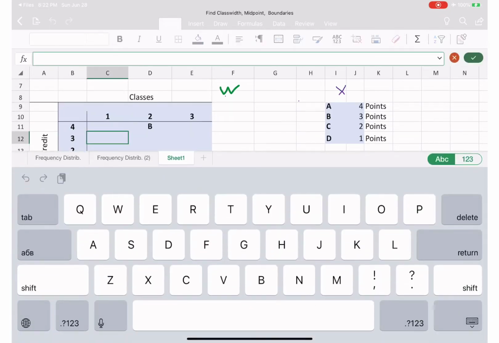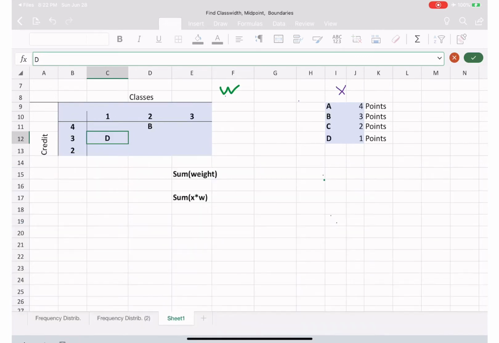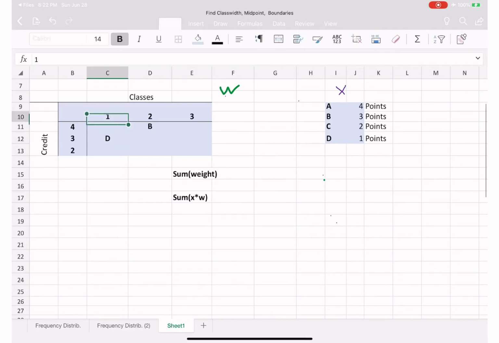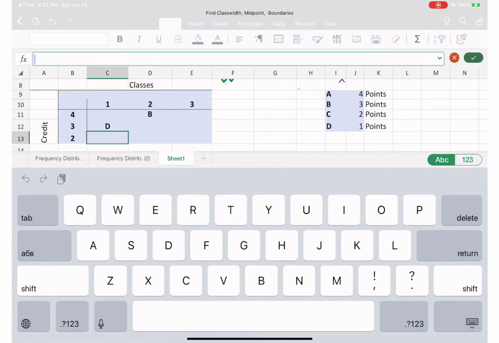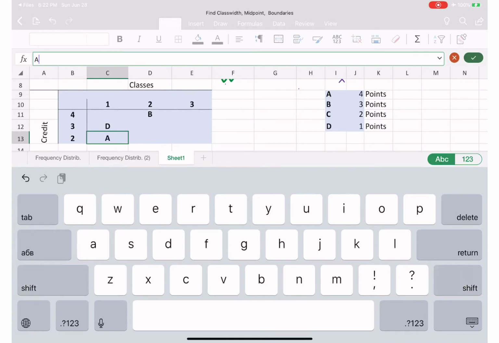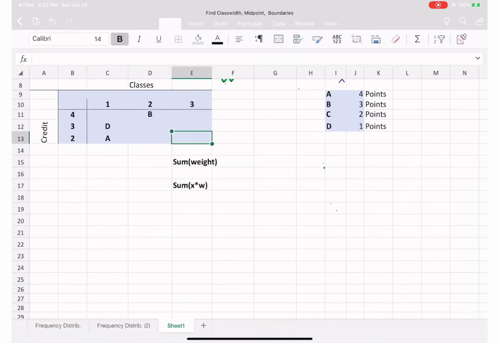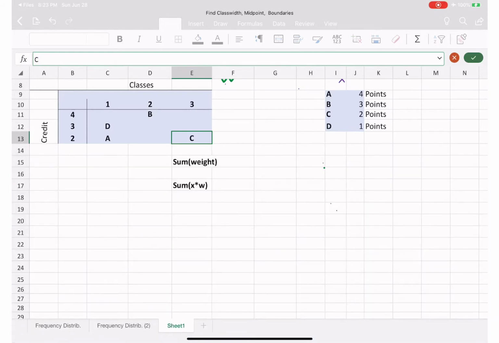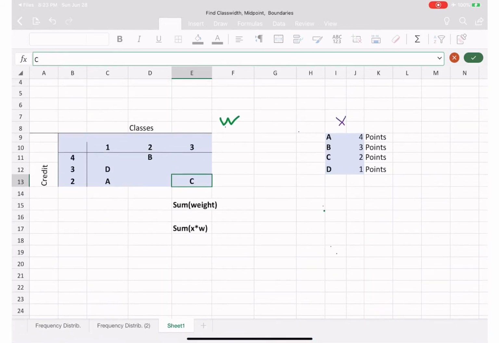So it is D. Next, student getting A in 1 class with 2 credit hours. So student is getting an A. And lastly, student is getting C with 3 classes and 2 credit hours. So this is C. So we need to find the final grade for the student.